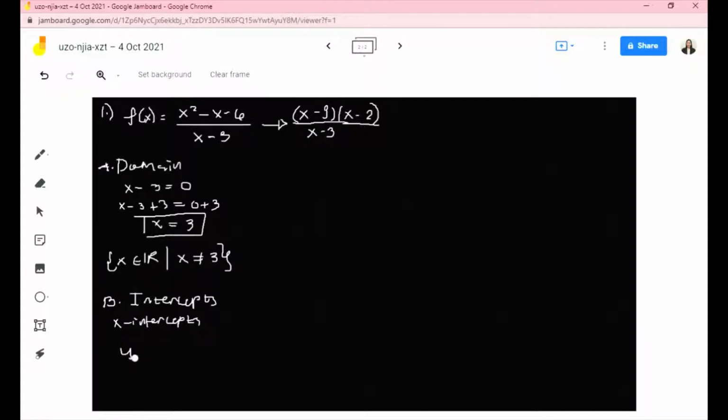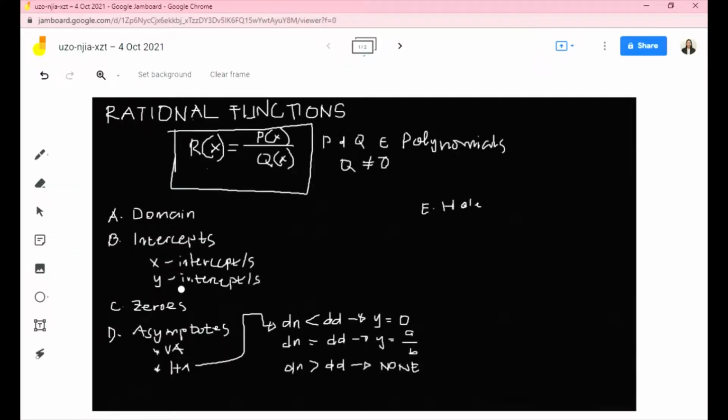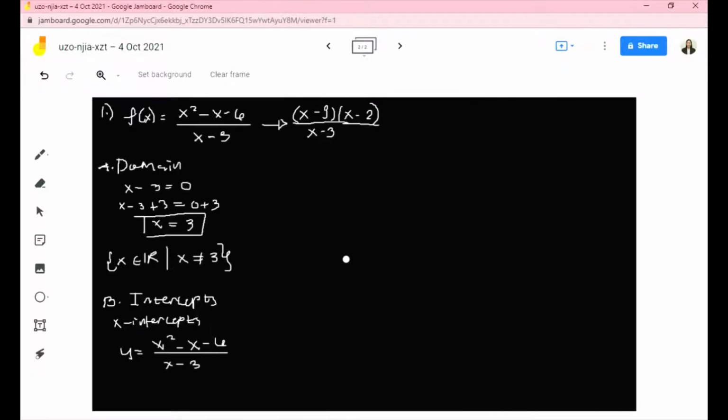This becomes y is equal to x squared minus x minus 6 all over x minus 3. From our instruction, if we look for the x-intercept, you let y be equal to 0. So this becomes 0 equals x squared minus x minus 6 all over x minus 3.